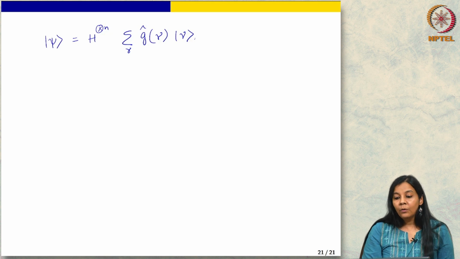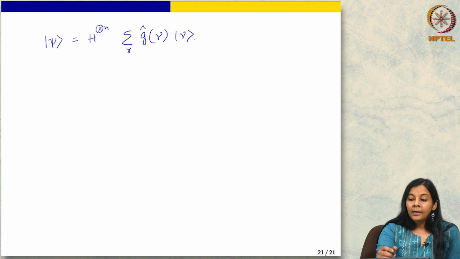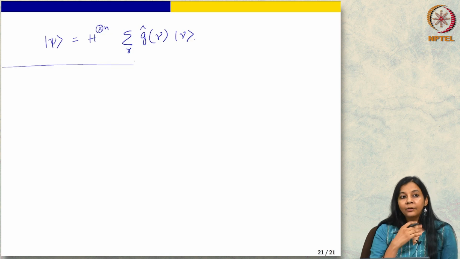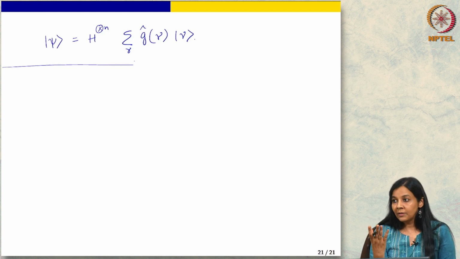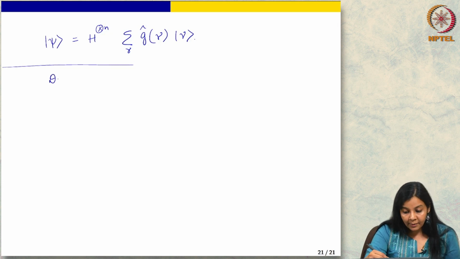Okay, great. So, we developed this machinery. Now, let us take a peek at some of the algorithms that we have already seen. Okay, so in particular, I will just spend a few minutes talking about one of the first important algorithms we saw, which was the Deutsch-Jozsa algorithm. So, let us look at that again.